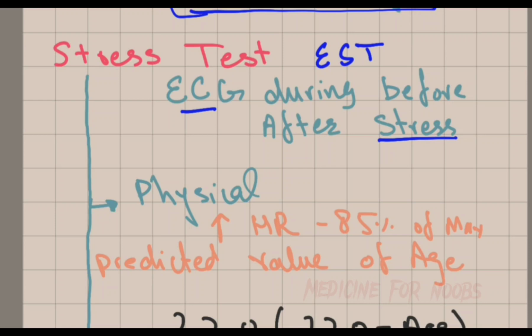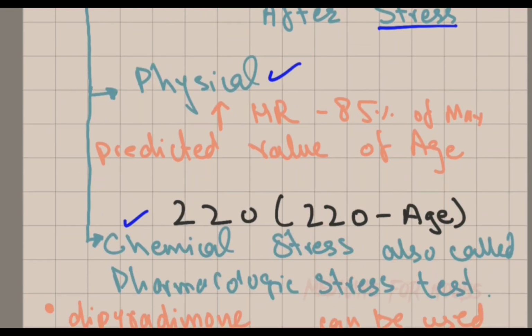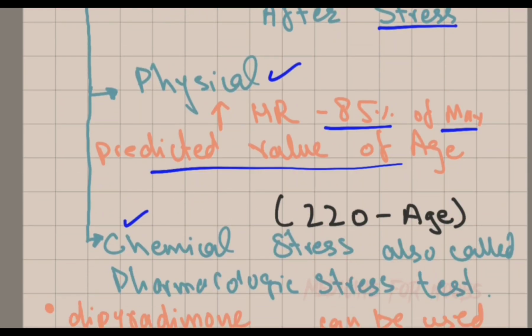What we do in this test is we see if there is any ischemia occurring in the body during the stress or not. It can be physical or chemical stress. The heart rate is to be achieved up to 85% of the maximum predicted value for the age, calculated as 220 minus age.